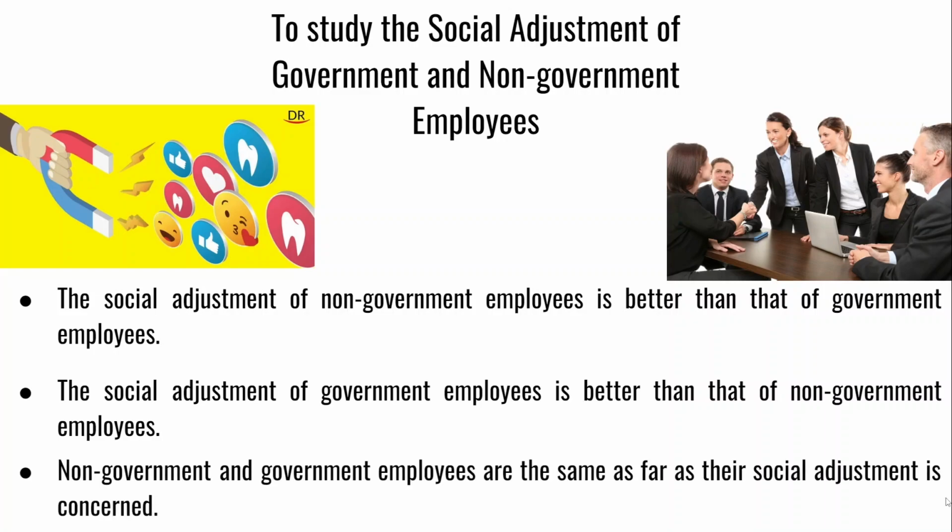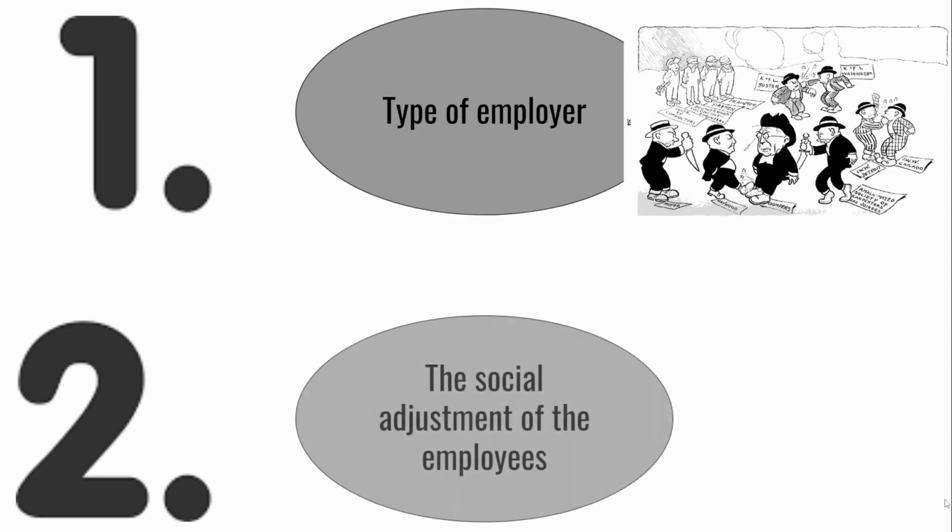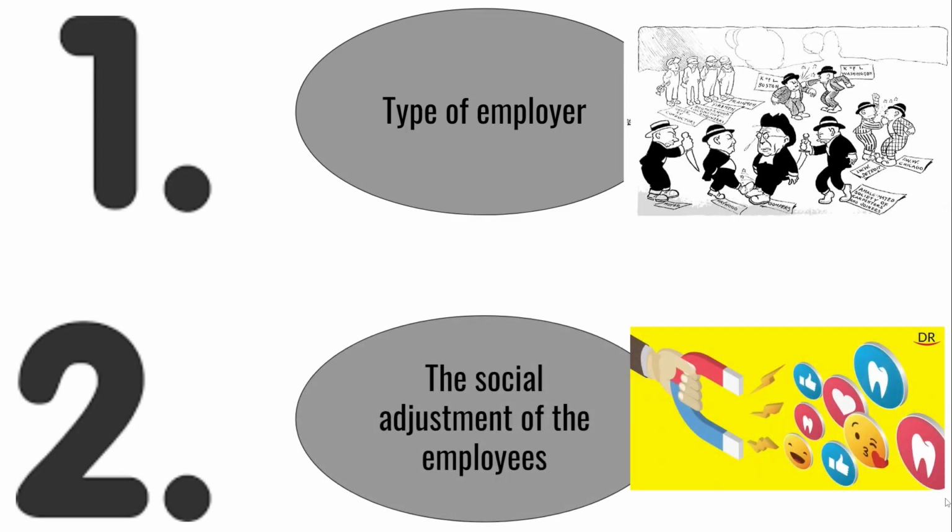Non-government and government employees are the same as far as their social adjustment is concerned. In this example, the estimate is made with reference to two variables. The first one is type of employer, the organization, and the second is the social adjustment of the employees. The researcher has to collect data and test the hypothesis to come to a conclusion regarding these two variables.